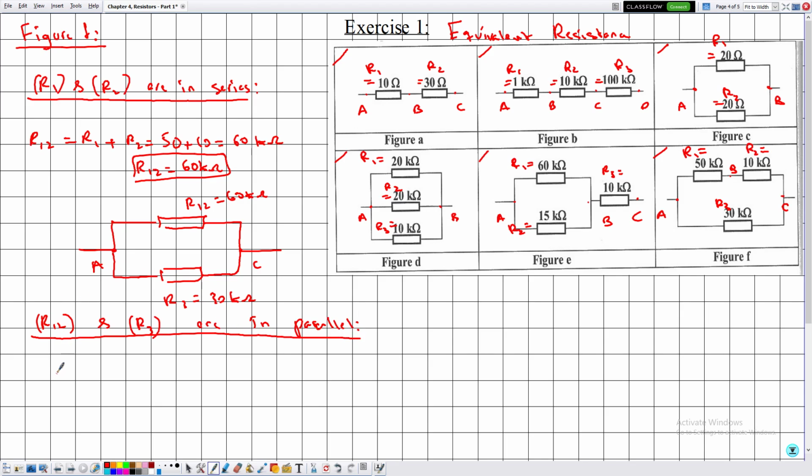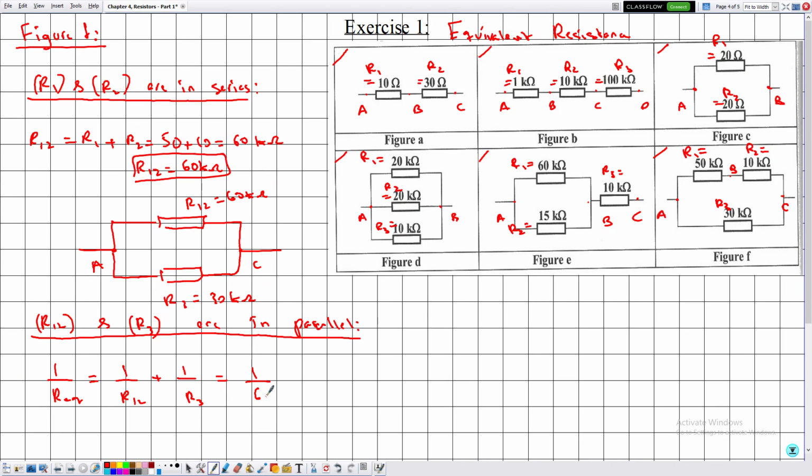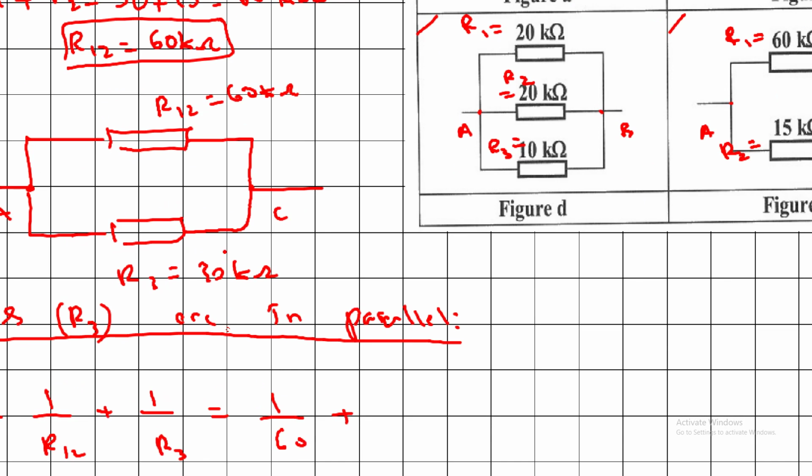Then the formula of the equivalent resistance is 1 over R equivalent is equal to 1 over R12 plus 1 over R3. Now the value of R12 that we have calculated is 60, and the value of R3 is 30.